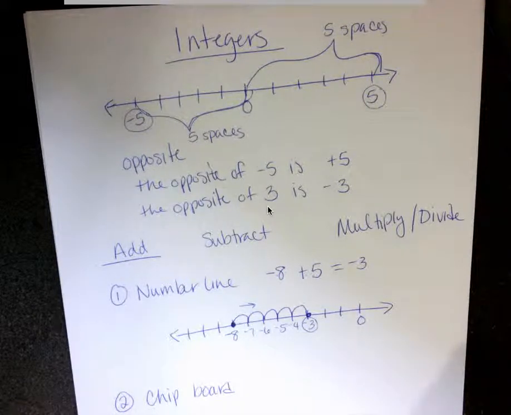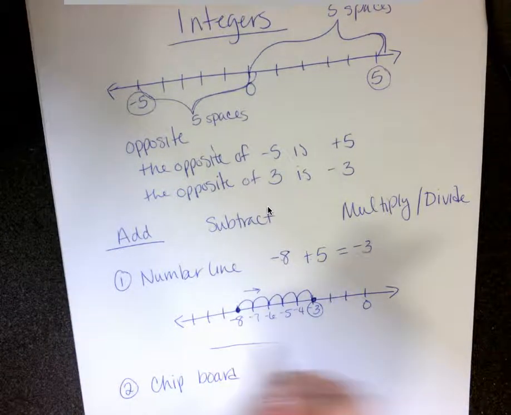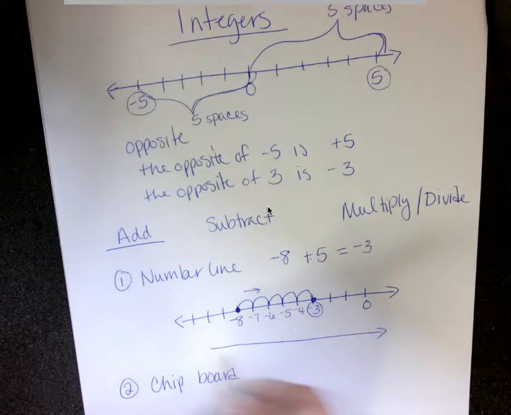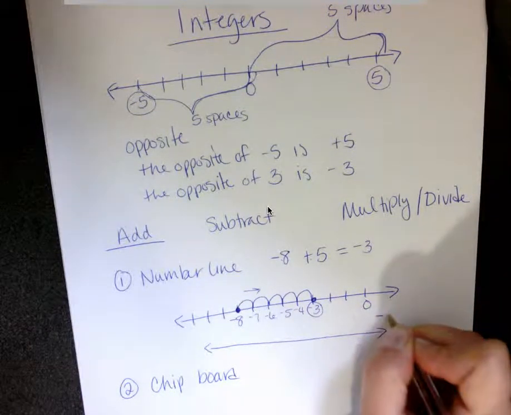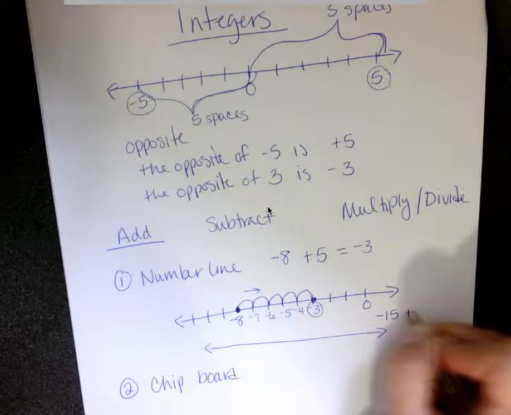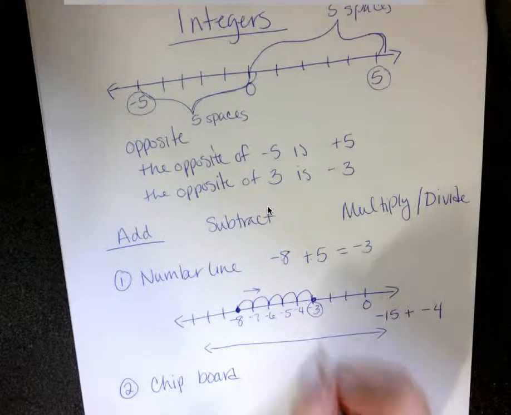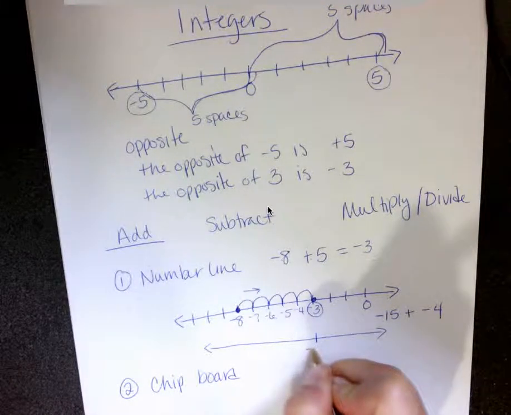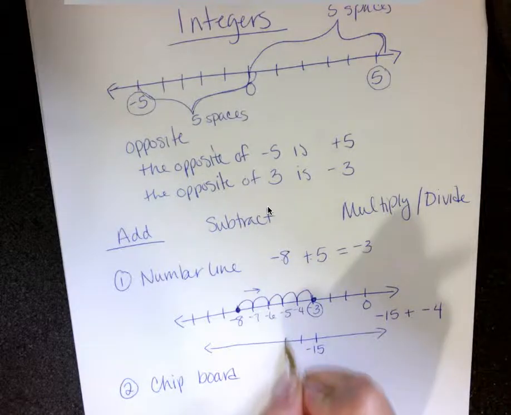And that is a very simple way to use a number line. We could do it another way. We started with a negative number. Let's say I have -15 and I'm adding -4 to that. Again, I can move this however I want it. That'll be -15.